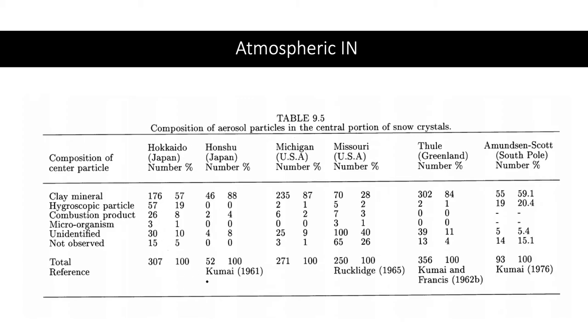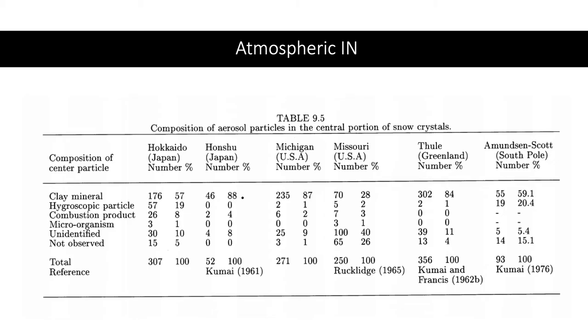Out of 100 particles found in snow crystals, what is clay material, what is a product of combustion, what is a microorganism, and whatnot. And you see that almost everywhere the clay mineral is the principal component.